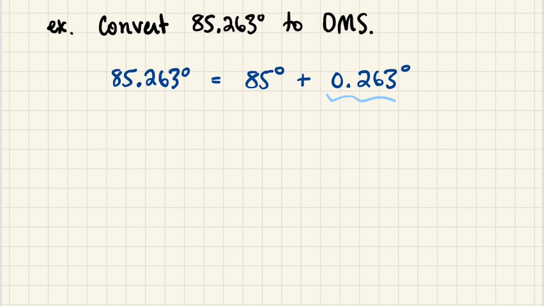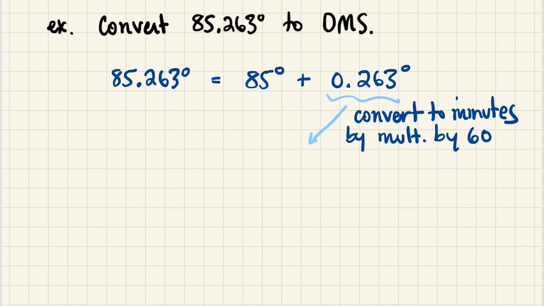What we're going to do is take the 0.263 and figure out how many minutes that is by multiplying by 60. On my calculator, I multiplied 0.263 by 60 and got 15.78 minutes.